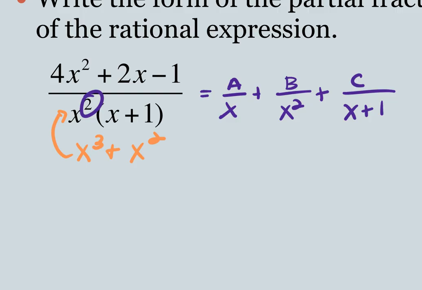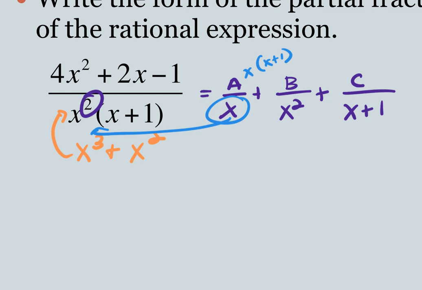With me so far? Okay, so now the next step is still the same as what we did yesterday, which is multiply what's missing from the denominator. So when I compare x to x squared times x plus 1, what am I missing? You can say it out loud. It's okay. I'm missing another x, and I'm missing an x plus 1. Does that make sense?